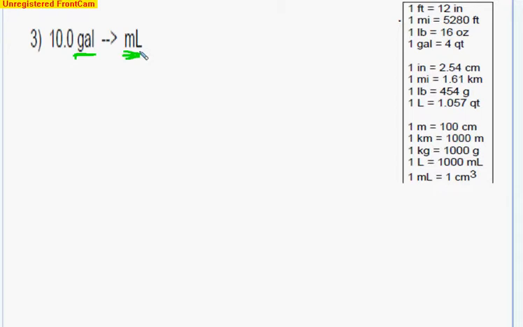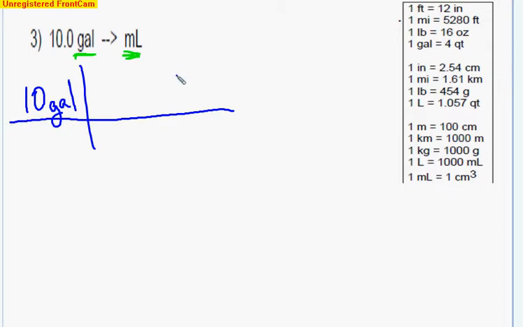What's nice is they gave me a few conversion charts here. You also are going to be provided in class a metric in English conversion chart, which is a paper that you actually can use throughout the whole year, and it's a pretty important paper that you'll want to save. In this setup here, we need to basically start with what we're given, which is 10 gallons, and I like to do these little T-charts that help out with my dimensional analysis.